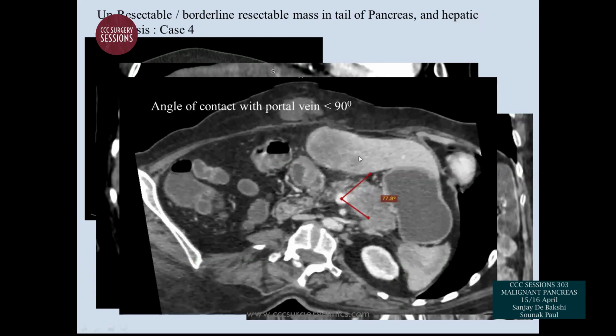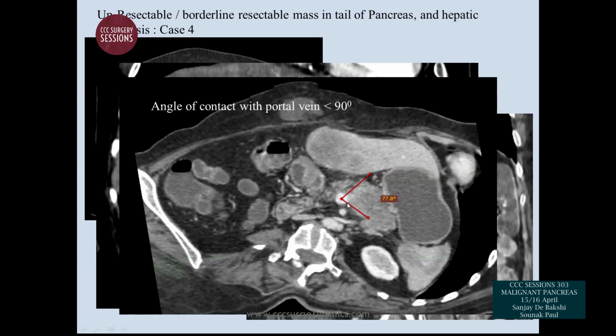Coming to the venous evaluation, this is again a 3D multiplanar reformatted image, so that the image is a bit skewed. I have taken this up for an axial section of the extrahepatic portal vein.